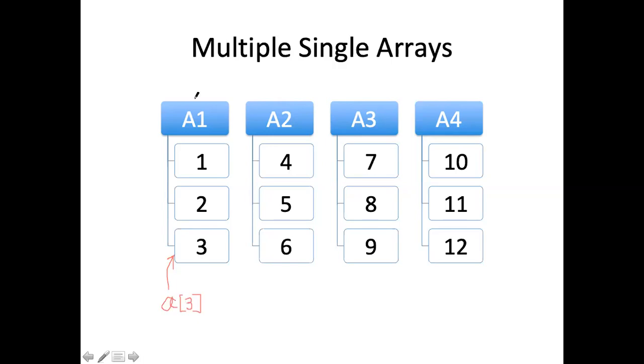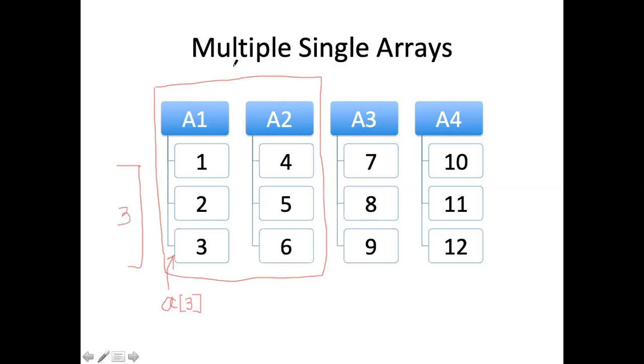Okay, if I want to combine two single arrays together, say I have to combine these 2 arrays, then the number of rows I have is 3, and the number of arrays I have combined is 2. So if I combine A1 and A2, I'll get a 2-dimensional array of size 3x2.